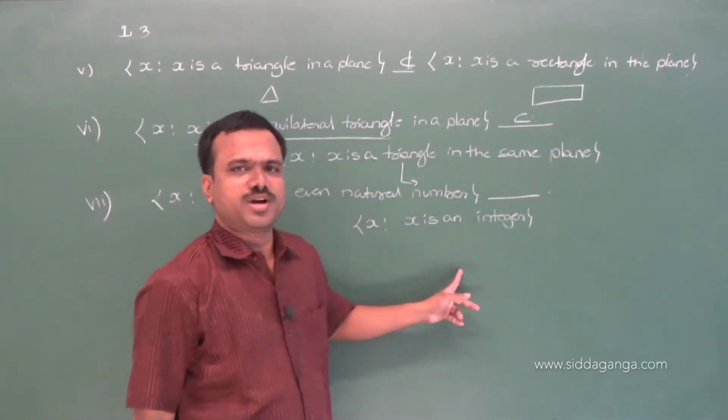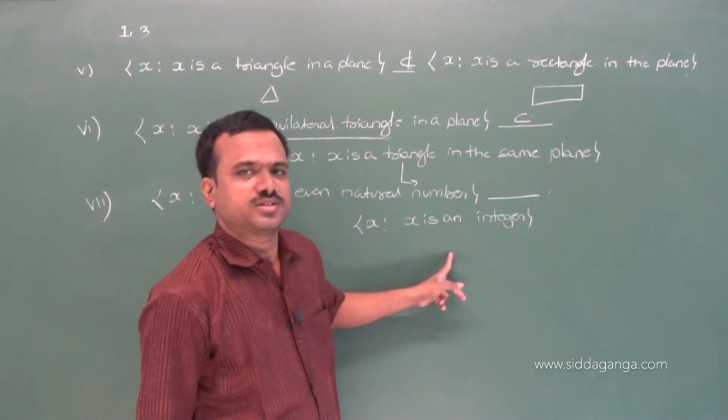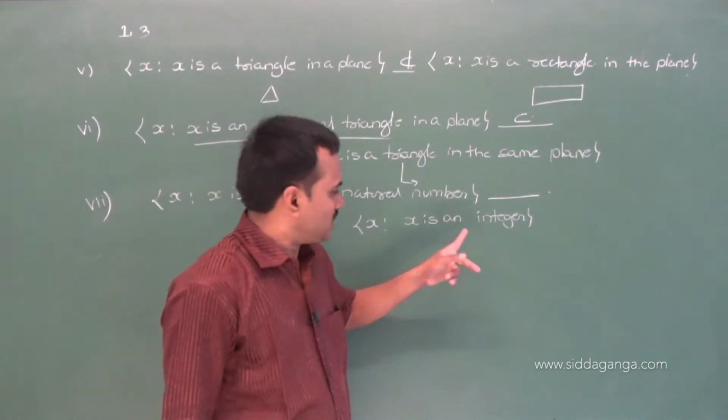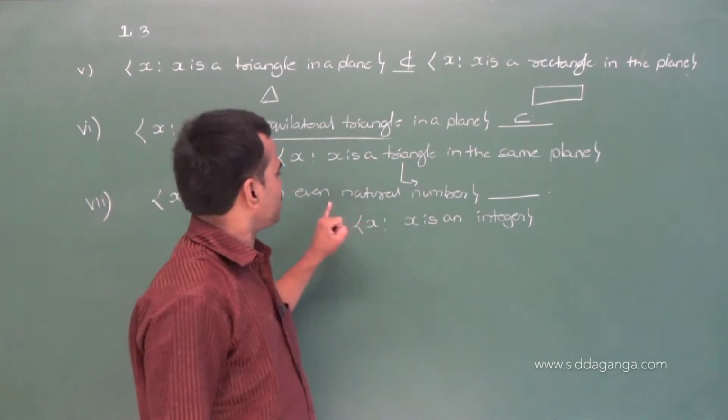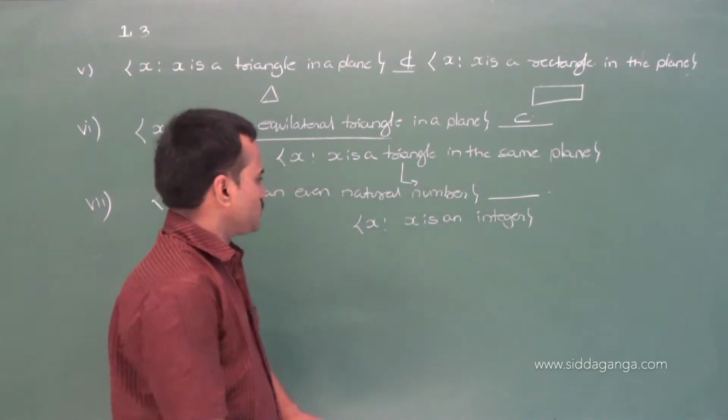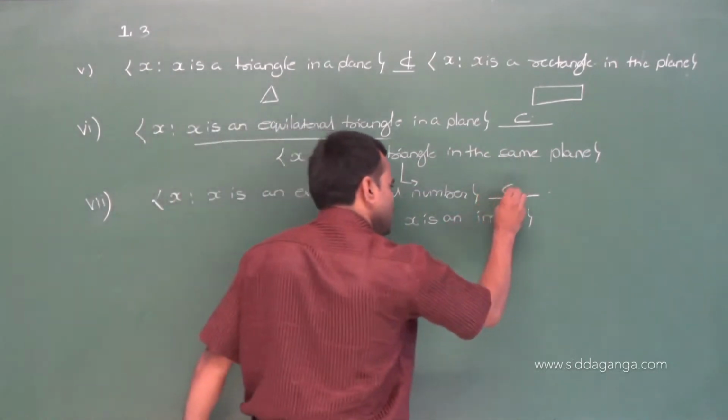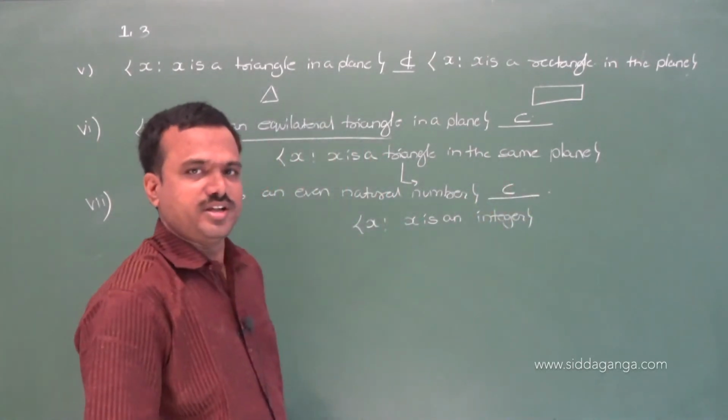Integer is nothing but it contains negative numbers, 0 as well as positive numbers. Positive numbers means natural numbers. So no doubt it is a subset. Correct? It is a subset.